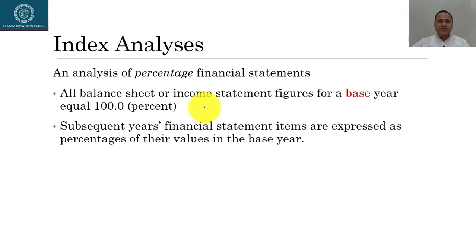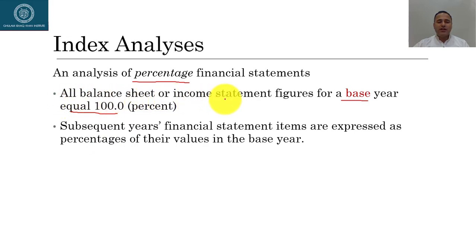Now, index analysis. In index analysis, again, you convert all financial statements into percentages. But now what we do is choose a base year and make it equal to 100, and then we convert all individual items according to that base year. I'll show you in the next few slides how we do that.